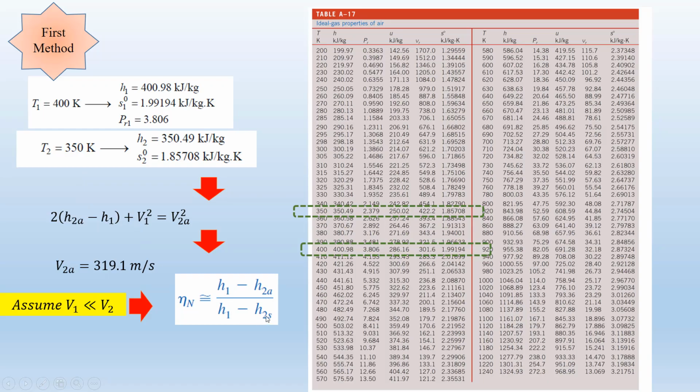And then you need to find H2S, the exit enthalpy for the isentropic nozzle. So please pause this video, write the first thermodynamic law for an isentropic nozzle, and then calculate H2S. Or you can use any other method to find H2S. Just pause this video and try to calculate H2S.